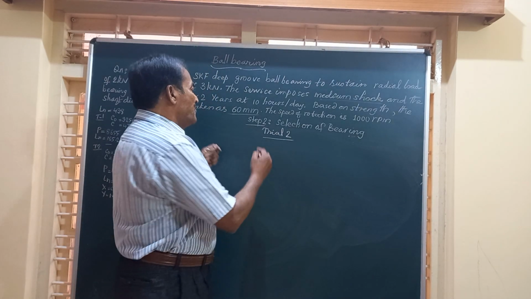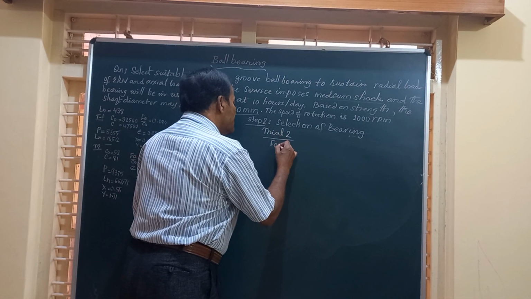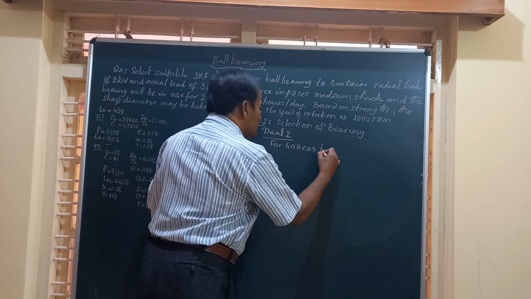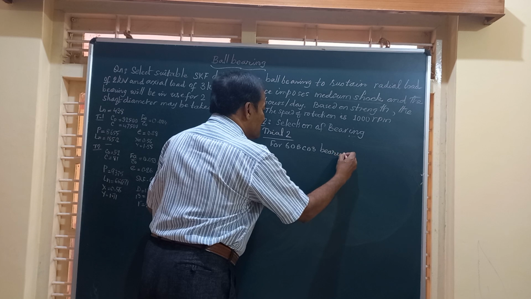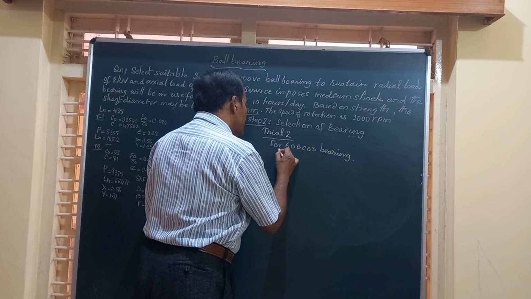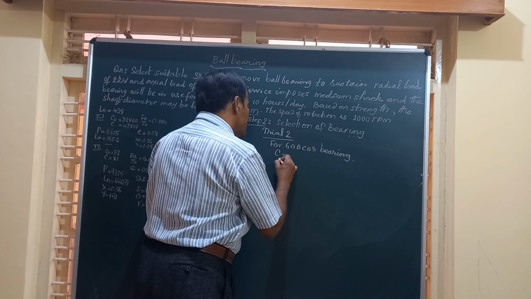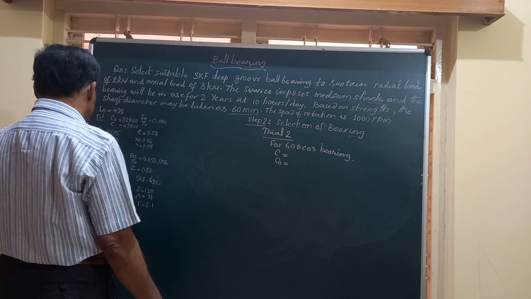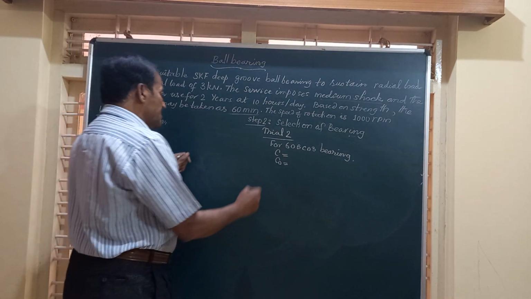Now friends, for this 60 BCO3 bearing, that is a medium series ball bearing, we have once again go ahead with the selection of C and C naught. For this bearing, the value of C will be 52,000.